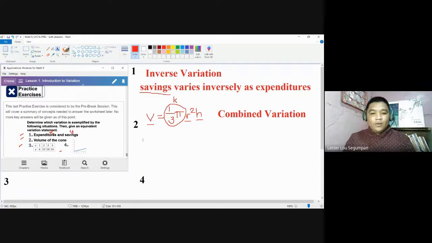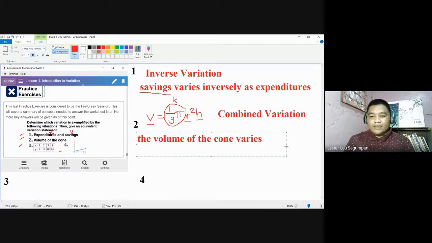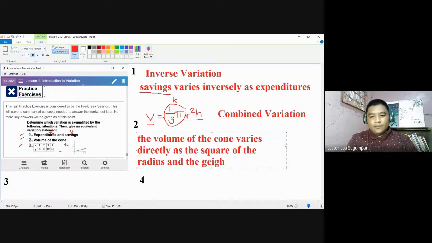So for this, we can say that the volume of the cone, being our dependent variable, varies directly as the square of the radius and the height. Let's say it like that. It varies directly because they are both on the same level. We have no fractional form, so it varies directly.